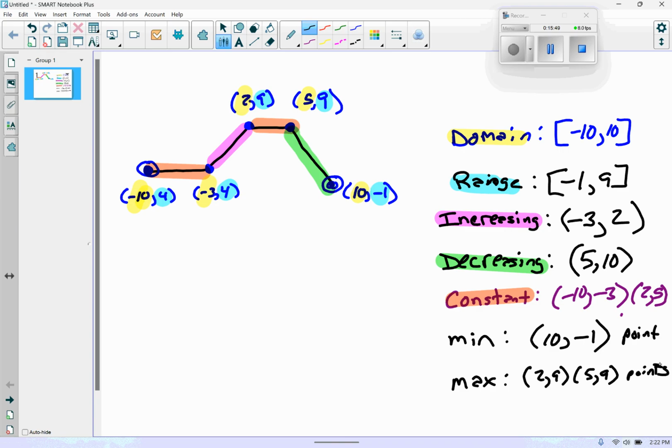Now again, friends, in the future, like 2026, they'll probably only ask for the y value there. But for right now, just put the actual point. So I put down here that this is a point in points for a reason, because there were actual physical points on the graph. Agree? All the rest of these were talking about what's going on in the x direction to what's doing in the y direction.